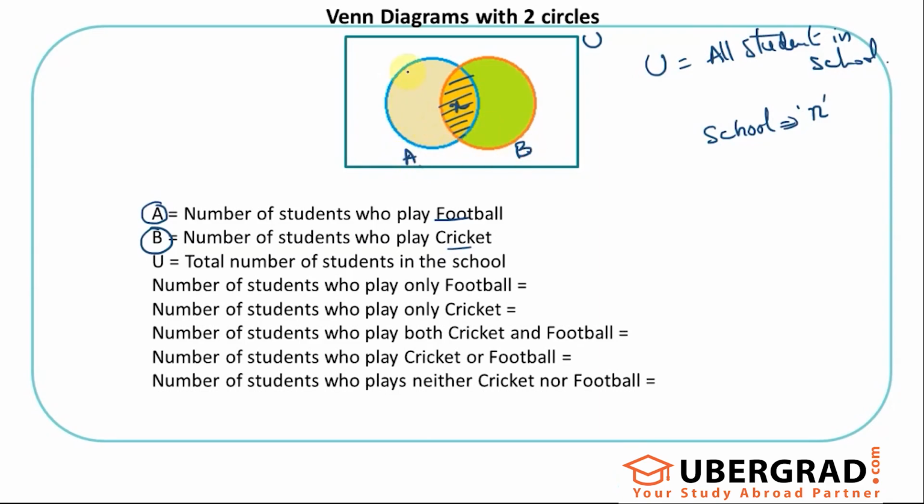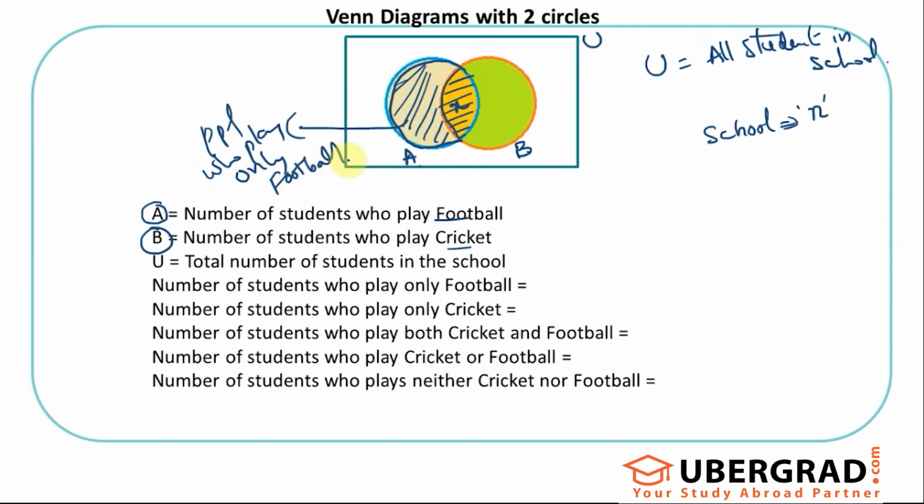That is X number of students who play both football and cricket. And then let's say this zone. This entire circle is people who play football. If I remove this circular zone which includes people who play football and cricket, what would be left? These are students who play only football. Understand this clearly.